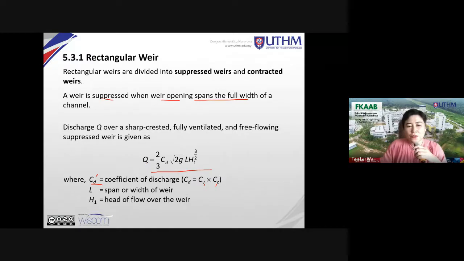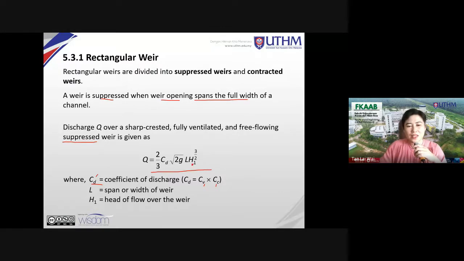So the formula for discharge over a suppressed rectangular weir is equal to 2/3 CD square root of 2g times L times H1 to the power of 3/2.